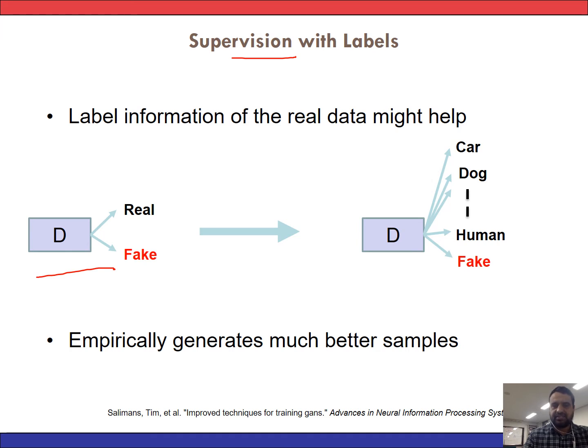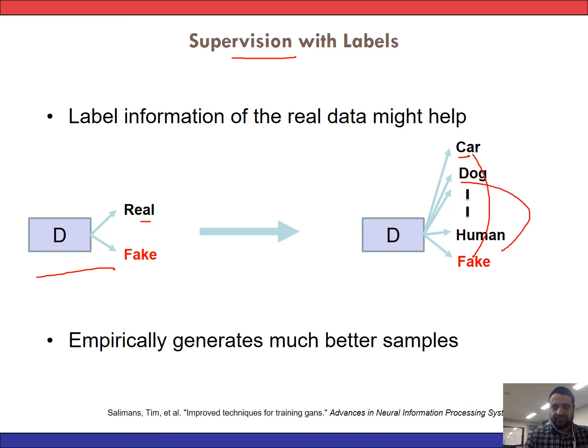So rather than just a binary problem, we are making it a multi-output problem. Like there is a label for car along with fake.